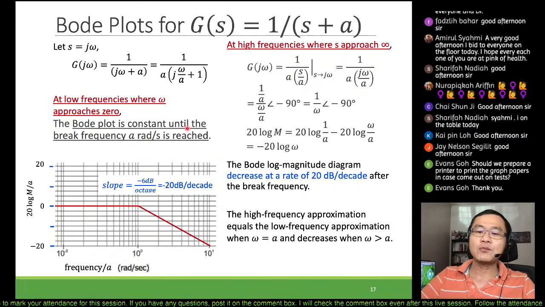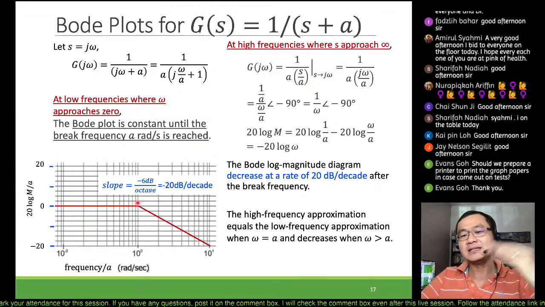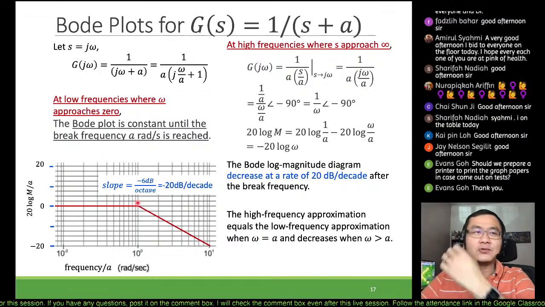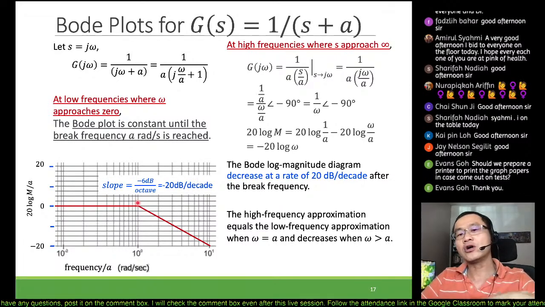Therefore when we plot the magnitude, we will start with 0 until our normalized a value, right? The a value now becomes 1, since we already normalized them. And then at this particular point, it will start to go downwards, instead of going upwards as in the previous zero transfer function.